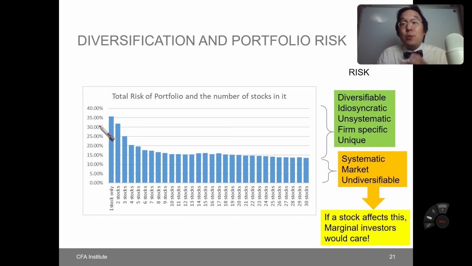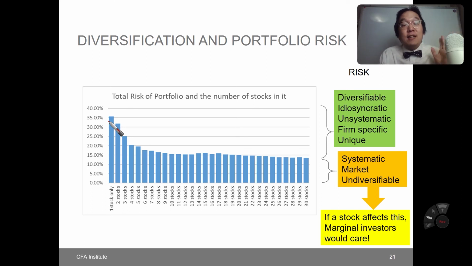Is it always going to be 35% if I invest in only one stock? No, this is just an example, one stock that I don't remember which it was. If you chose a wrong stock, it could have been 50% or 90%, we don't know. But typically, it will be very, very high.